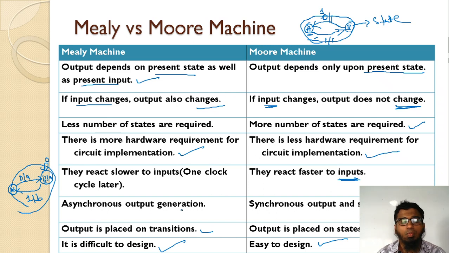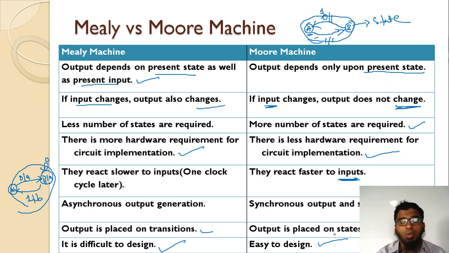Mealy generates asynchronous output, and here synchronous output and state are generated. In Mealy, the output is placed on the transition. Output placed on the transition means it is going from capital A to capital B, and here we are placing the output.